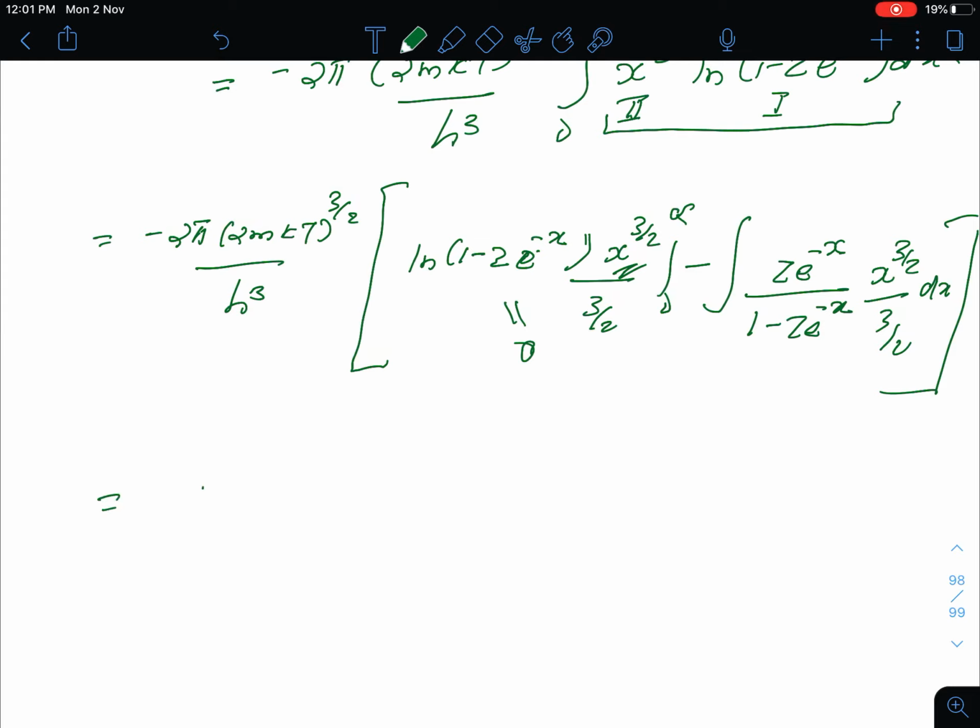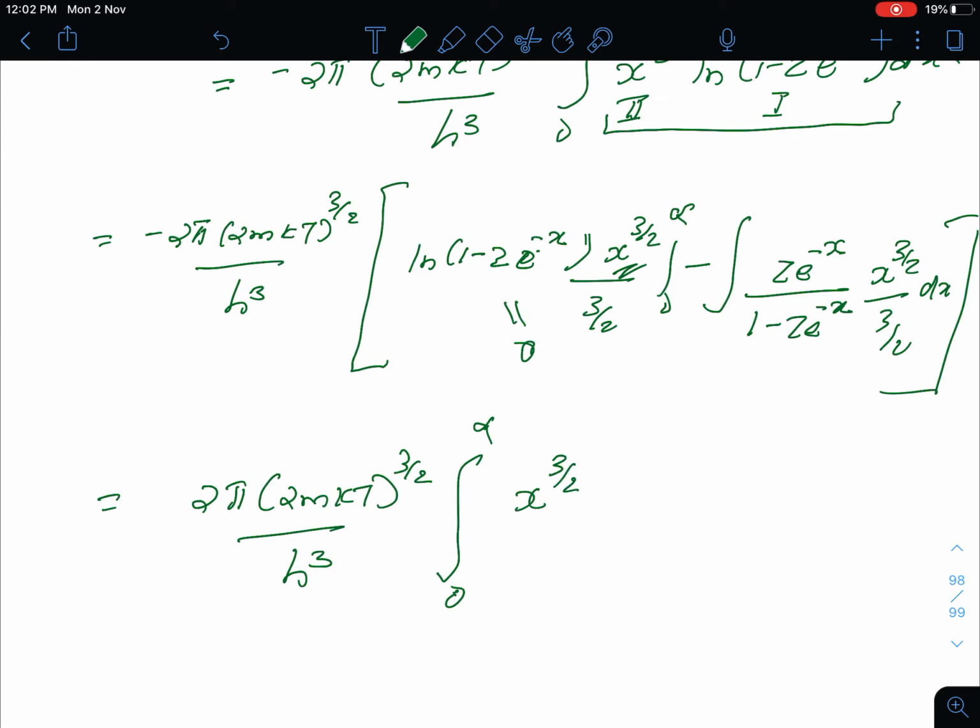So that becomes 2 pi into 2m kt all raised to 3 by 2 by h cube, integral 0 to infinity x raised to 3 by 2 z e raised to minus x divided by 1 minus z e raised to minus x dx. Okay, good. This is the integral.